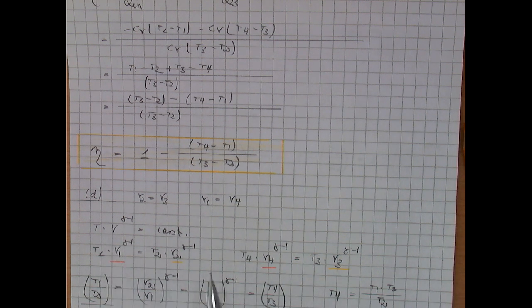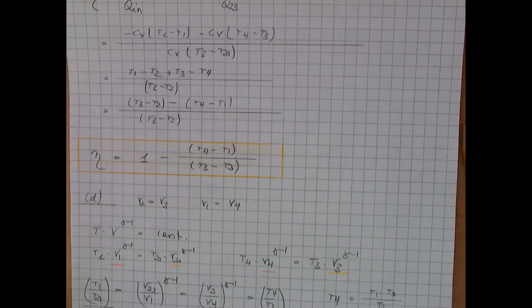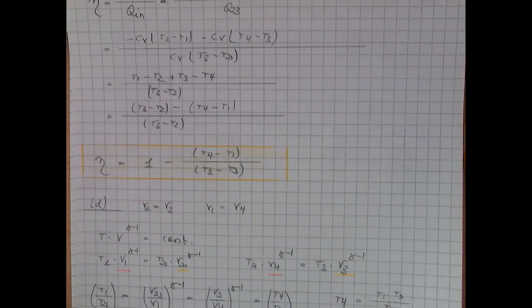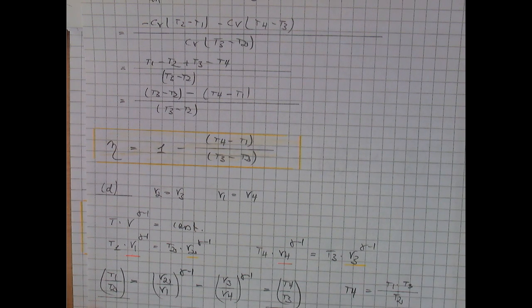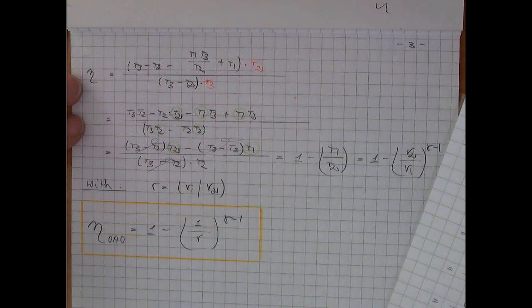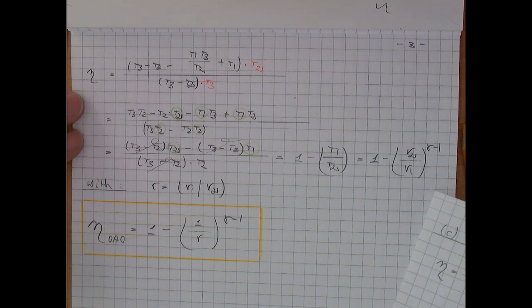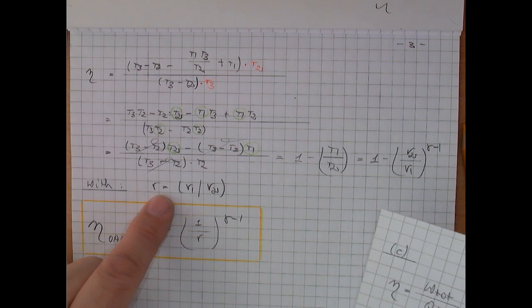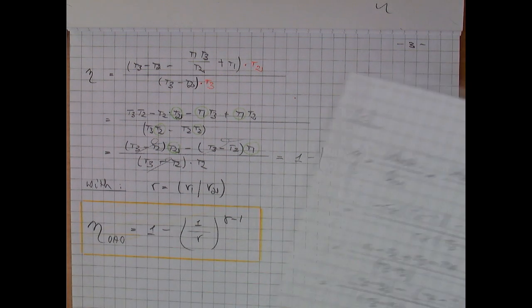Relating the adiabatic relations between T and V, namely steps 1 to 2 and 3 to 4, allowed us to rewrite T1 over T2 as T4 over T3, and eliminate T4 to come to an expression involving only 1 and 2. Using the fact that the compression ratio is V1 over V2, you can also write this as 1 over R to the power of gamma minus 1. So that's it.